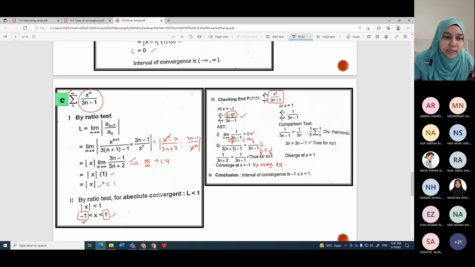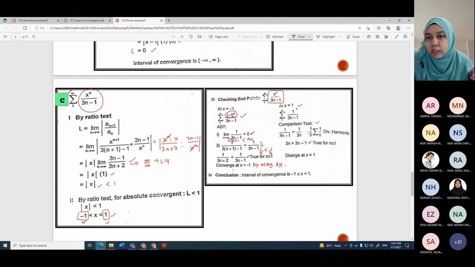Okay, next, kita test untuk x equal to 1. Yang kedua, the upper interval. So, kita masukkan dalam function ni. Akan dapat 1 to the power of n over 3n minus 1. 1 to the power of n is 1 lah kan. Okay, so, kita test the convergence of this series. Okay, we can use the comparison test.